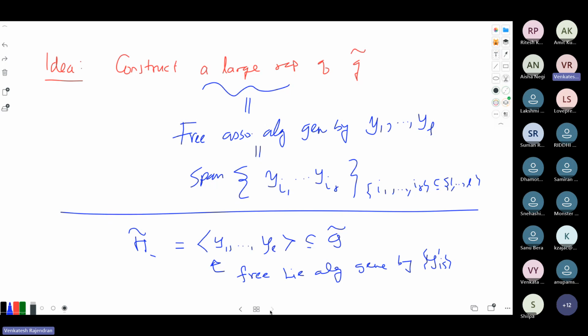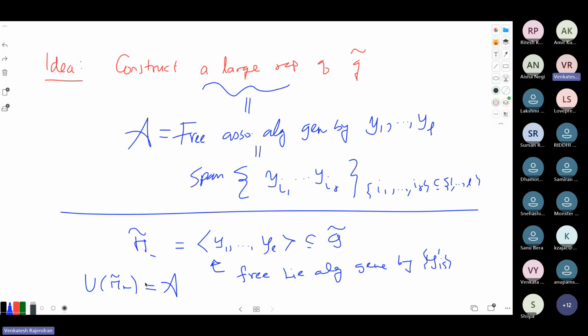But then what is the universal enveloping algebra of that? I already told you: if you have a free Lie algebra, the universal enveloping algebra of that is the tensor algebra. So the universal enveloping algebra of this is nothing but this thing that you have here.